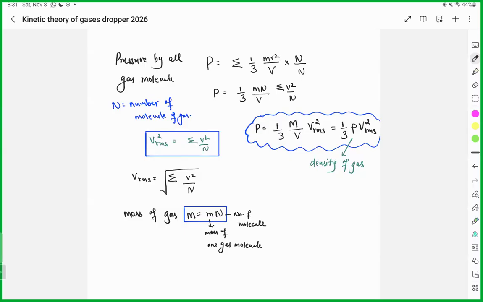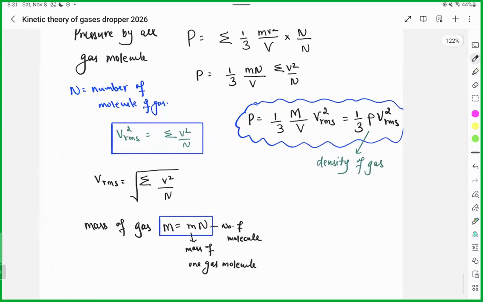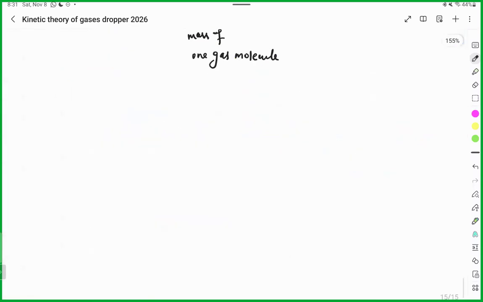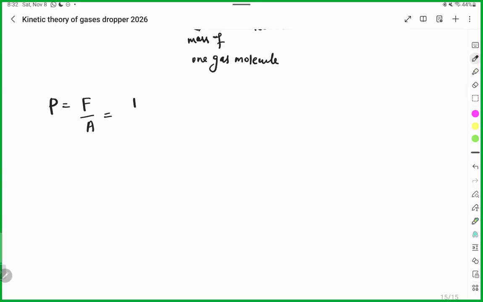Chandana, I can't ask you because you were the last person to attend this session. So that is the ultimate thing. See, you can remember a formula just by writing it multiple times: pressure is equal to force by area, and this pressure is also equal to 1 by 3 rho, density, VRMS square.